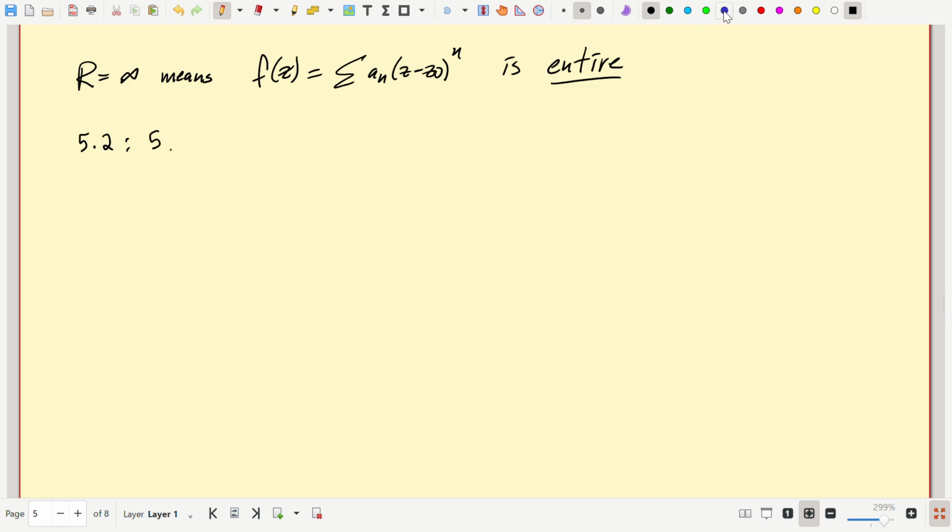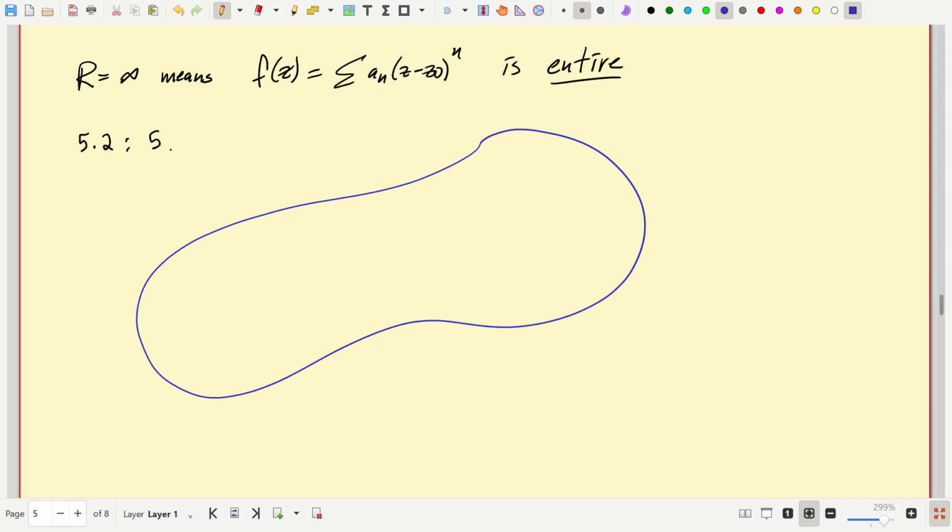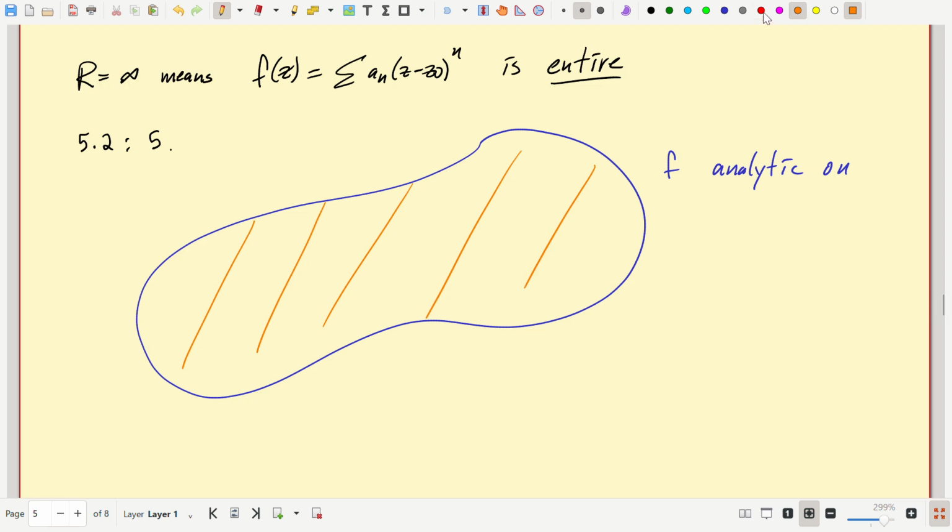So the thing we knew is that if a function f is analytic on this region here, then if we're trying to find a power series, I use the Cauchy integral formula to do this. It tells me I could find a power series that would converge on that set.